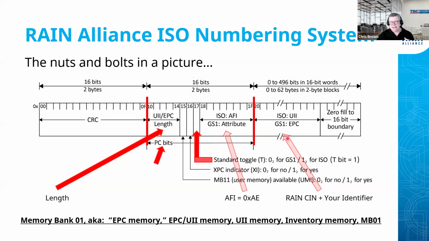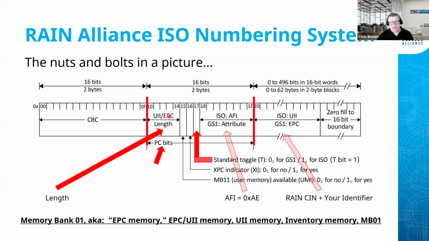On the right-hand side, this is where you put your bread and butter serial number into the bread and butter memory bank. This is the portion of Memory Bank 01 that everybody uses to put in some kind of a number, okay? Most people are just putting a number in here and they think they're done. Well, that can create tag clutter, so we need to be careful.